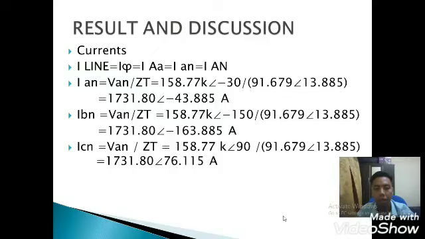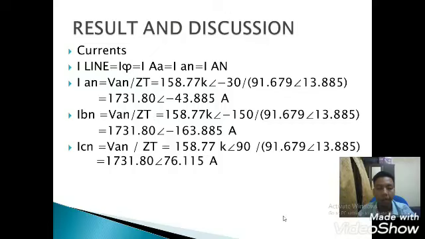For IBN is equal to VAN divided by total impedance ZT, which is 158.77 kilo degree of negative 150 divided by 91.679 degree of 13.885, and the answer is 1731.80 degree of negative 163.885 ampere.